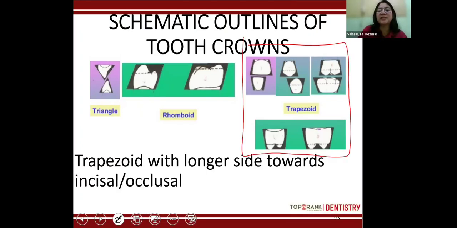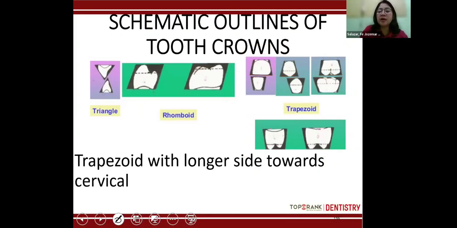Ano yung difference nila? You have a trapezoid with a longer side on the incisal or the occlusal. Ito yon. Okay? And there is a trapezoid with the longer side on the cervical. Baliktad. Diba? Ito, yung longer side nasa occlusal or incisal. Ito, yung longer side nasa cervical. But they are still trapezoid.